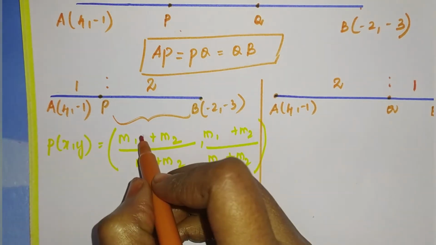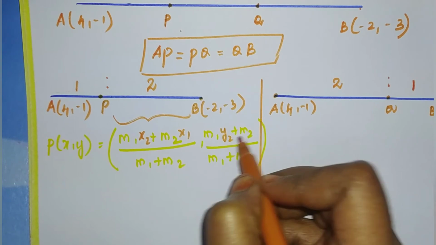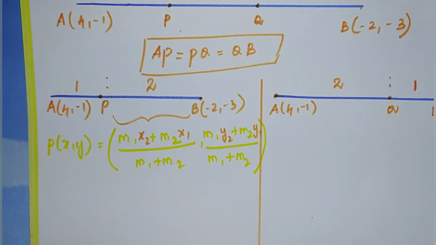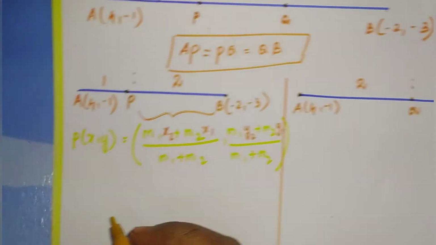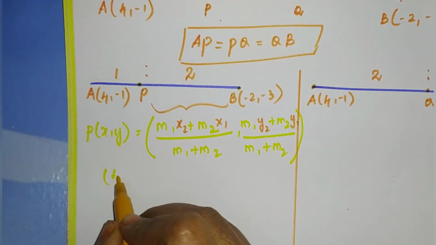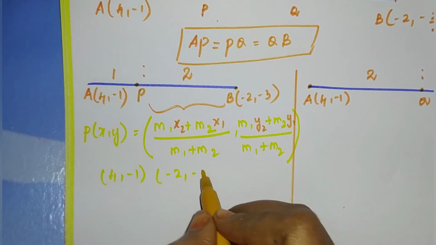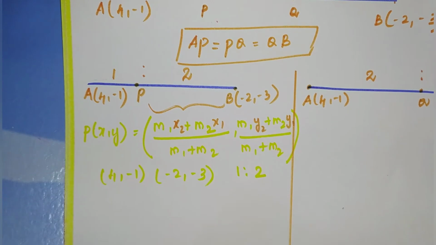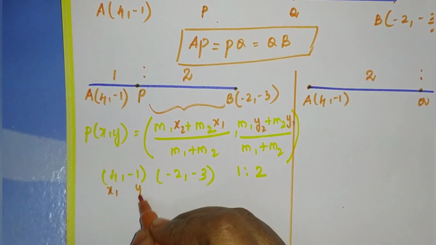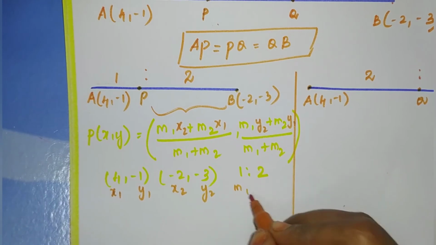Clear? So next what we have to write? Points 4 comma minus 1 and minus 2 comma minus 3, ratio 1:2. x1 y1, x2 y2, m1 m2.